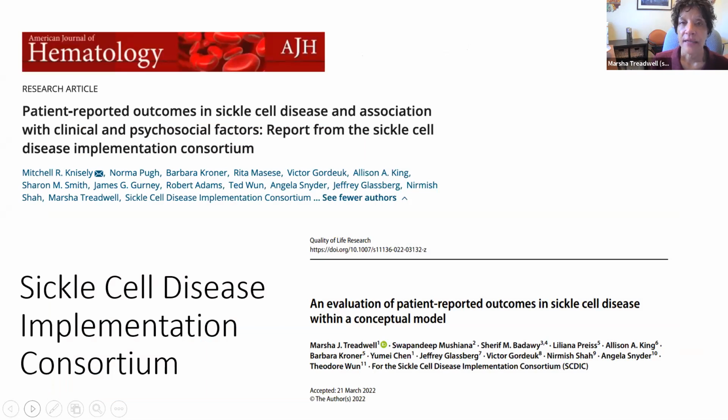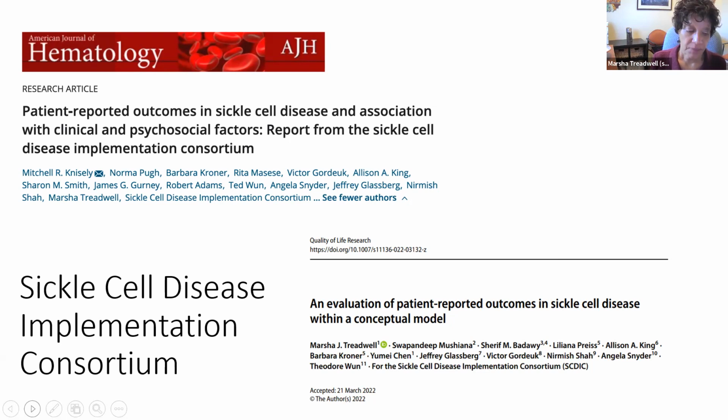I mentioned that the Cooperative Study of Sickle Cell Disease was really the first study in the 70s that looked at patient-reported outcomes in sickle cell disease. And then there were a couple of other studies in between. And now the largest modern cohort is within the Sickle Cell Disease Implementation Consortium, which was established in 2016.